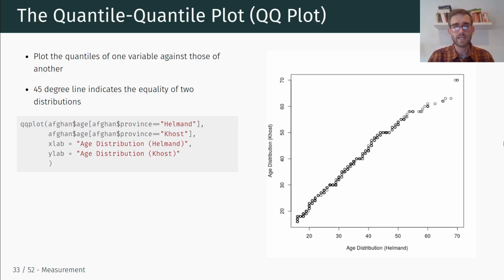So when we look at scatter plots and correlations, we're looking at different variables in the same data frame, where one observation has a value on the x-axis and a value on the y-axis, and we're looking at the correlation between the two. The QQ plot allows us to evaluate shapes of distributions from different data sets, ultimately. Okay.